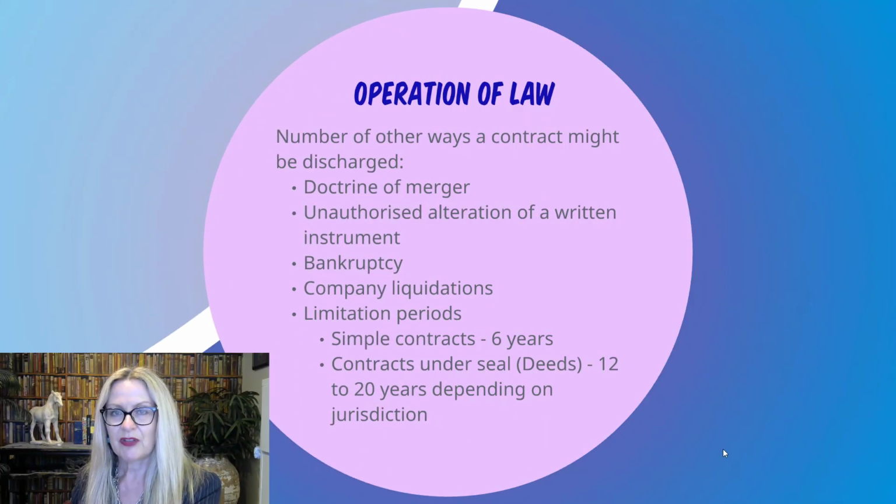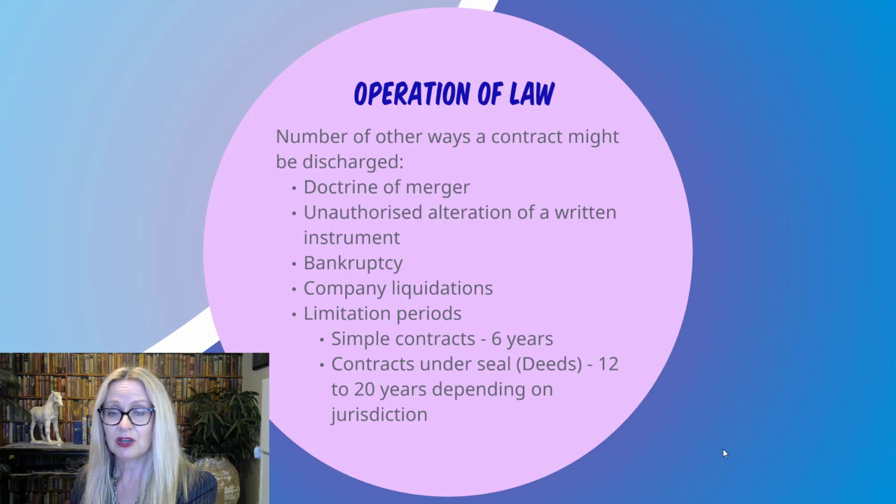There are a number of other ways that contracts might be discharged or limited by operation of law, and they are the doctrine of merger, or a naughty and unauthorised alteration of a written instrument. Bankruptcy, you'll learn more about that in both tax and company law. Company liquidations, you'll learn about that in company law, and limitation periods.